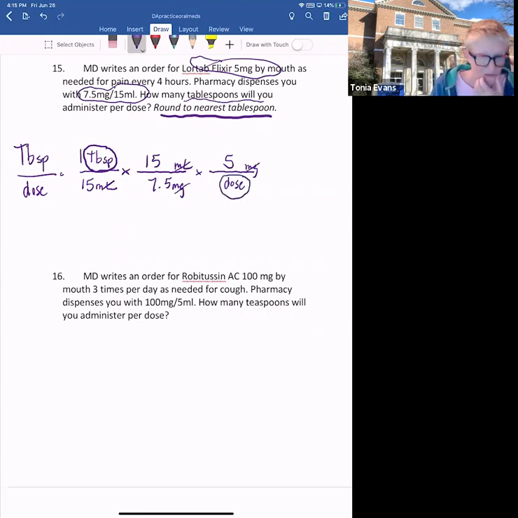That leaves us with tablespoons per dose. Well, that just happens to be what my question was asking for. So we'll multiply 15 times 5 divided by 15 divided by 7.5 equals 0.67. My rounding rule says round to the nearest tablespoon. So I'm going to say 1 tablespoon per dose.